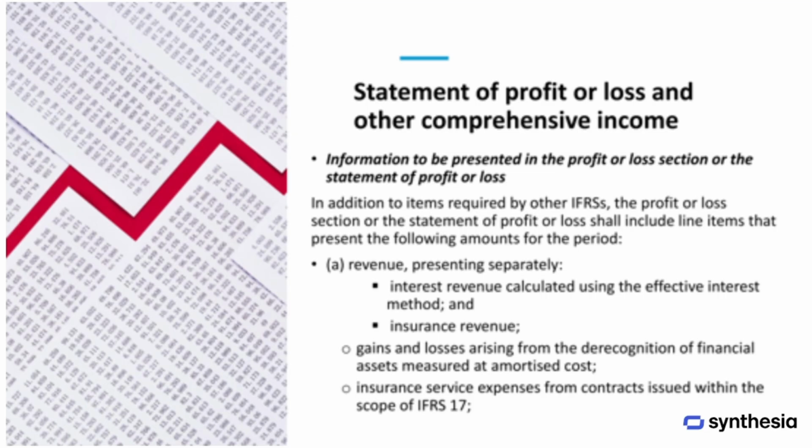In addition to items required by other IFRSs, the profit or loss section or the statement of profit or loss shall include line items presenting the following amounts for the period. Revenue, which must separately present interest revenue calculated using the effective interest method and insurance revenue. Gains and losses arising from the derecognition of financial assets measured at amortized cost.